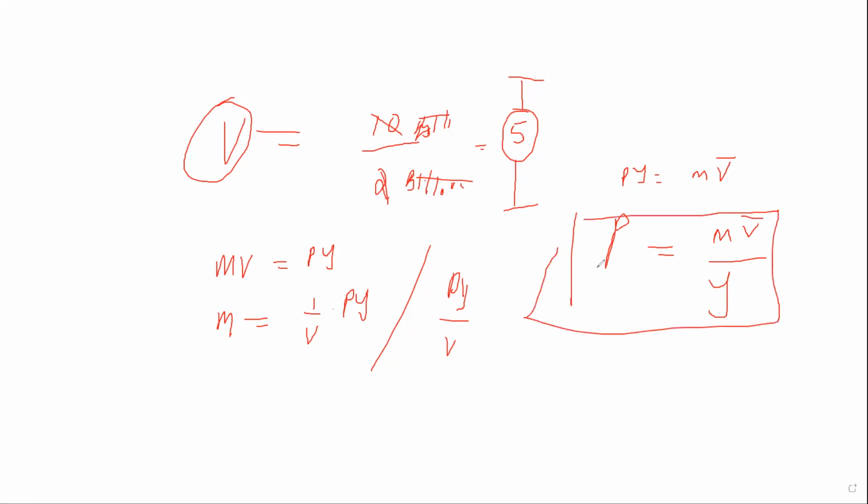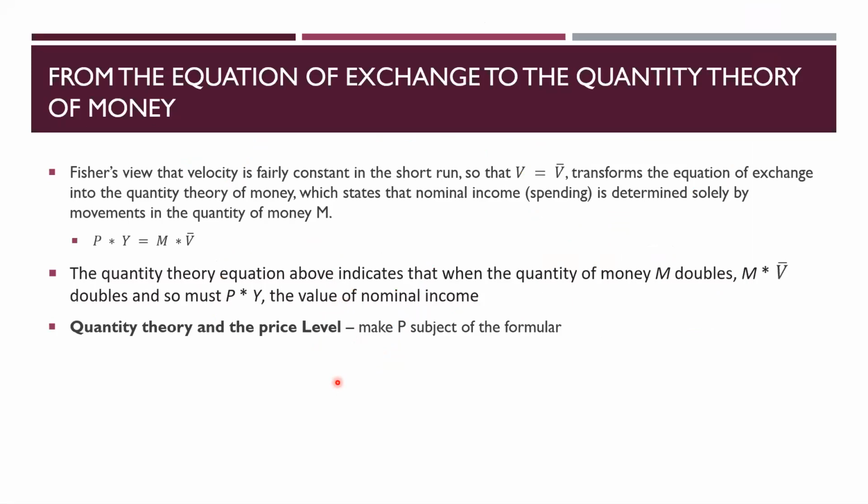So to obtain the price level based on this quantity theory of money, you simply divide both sides by Y, and then you know that your P is equal to MV divided by Y. So we are just linking the money supply and the price level.